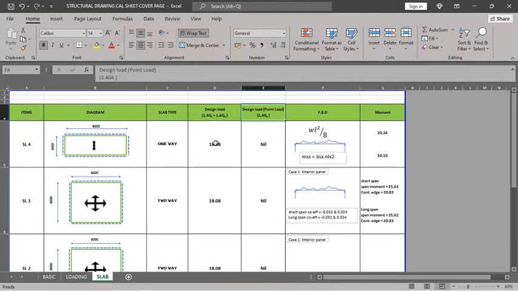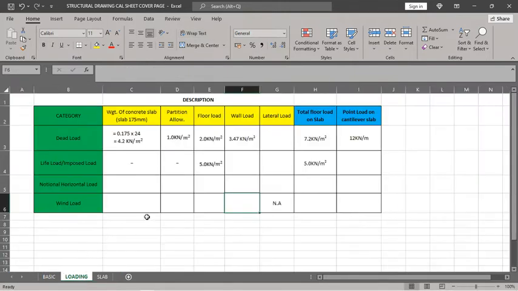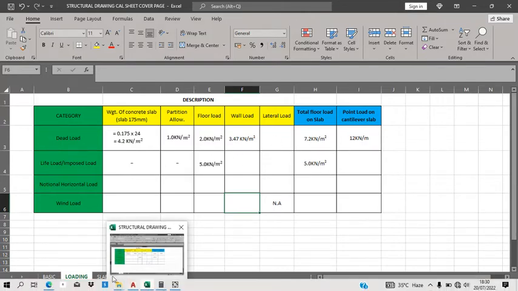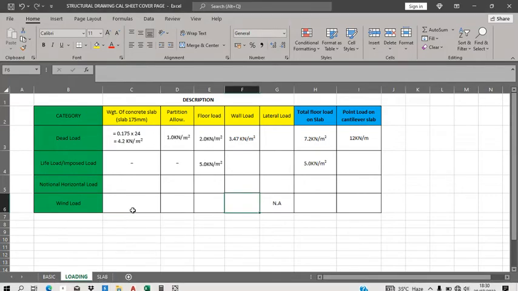Now this is the design load that I computed based on the normal formula for design load. And like I said, if you have not seen the previous video, then you have to go back to my YouTube channel and check the previous video where we have all these parameters, and that's how we came about the design load that will be on the slab.